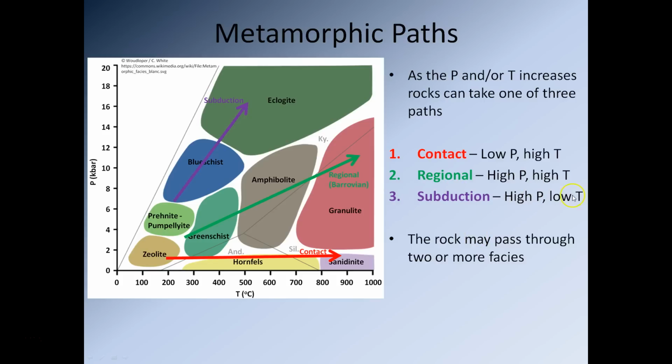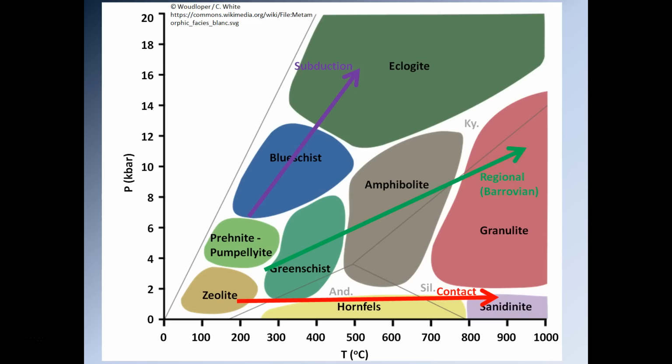That's high pressure, low temperature. It takes the path marked out by its purple line, and that will lead us through blueschist facies and eclogite facies. So as you can see, as a rock moves along one of these general trends, it can pass through two or more facies as the pressure and temperature gets higher. We'll see distinct changes in mineralogy as the rock passes from one facies to another.